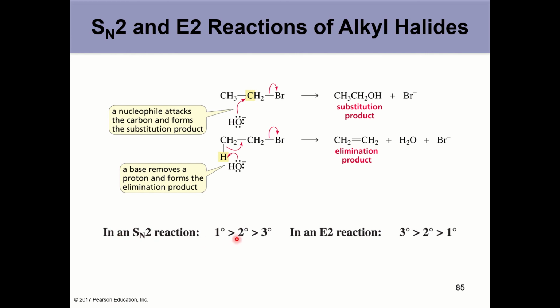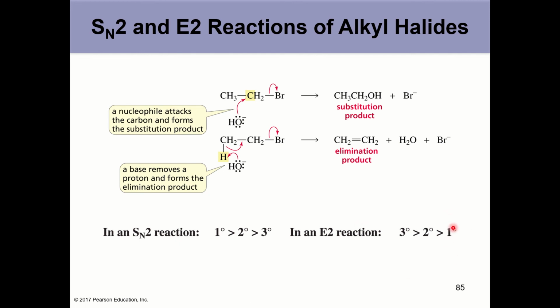In an SN2 reaction, a primary alkyl halide reacts more quickly than a secondary or a tertiary. But in an E2 elimination, tertiary reacts more quickly, and then a secondary, and then a primary is the least likely. So if we have this primary alkyl halide, then the major product is going to be the substitution product, because primary carbons favor substitution and primary carbons are the least likely to favor elimination.